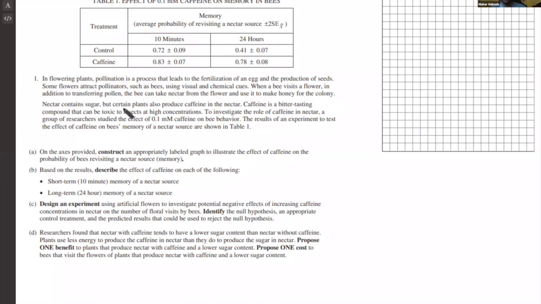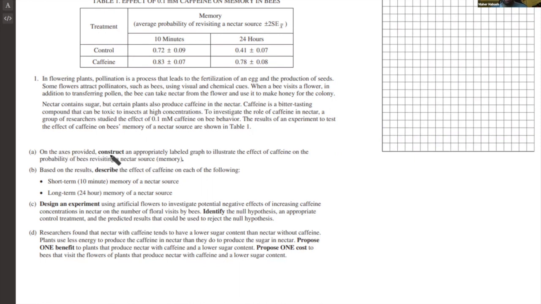Nectar contains sugar, but certain plants also produce caffeine in the nectar. Caffeine is a bitter tasting compound that can be toxic to insects at high concentrations. To investigate the role of caffeine in nectar, a group of researchers studied the effect of 0.1 millimolar caffeine on bee behavior. The results of an experiment to test the effect of caffeine on bees' memory of a nectar source are shown in Table 1.